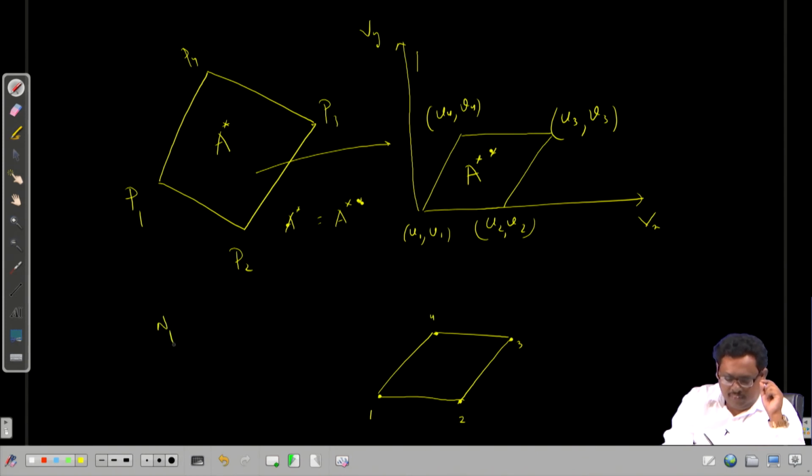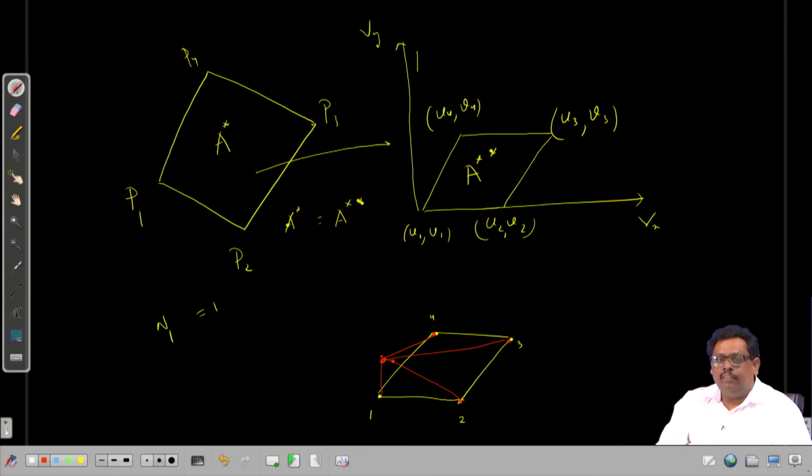Then N1 at node 1 takes the value 1, and in the other nodes it takes the value 0. If I try to draw the plot of N1, it should be something like this: here it is 1, at all other points it is 0, and in some way it goes from 0 to 1.